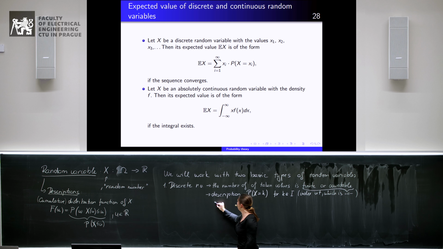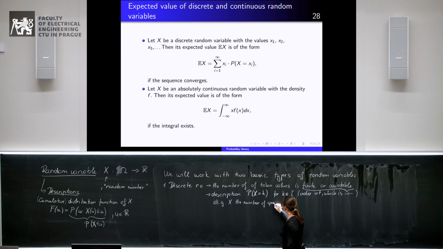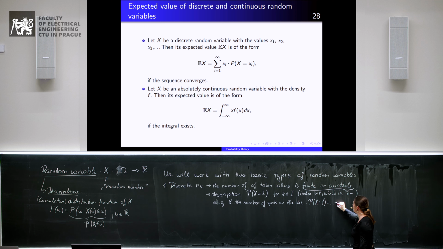So, for example, X, the number of spots on the die, is given by the description: the probability that X is equal to 1 is equal to the probability that X is equal to 2, and so on, is equal to the probability that X is equal to 6, and it is 1/6.